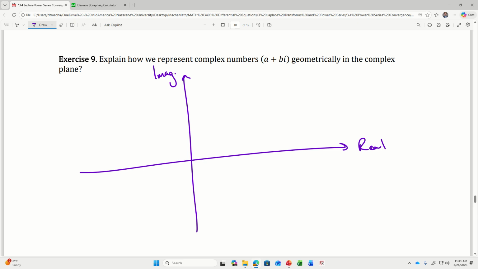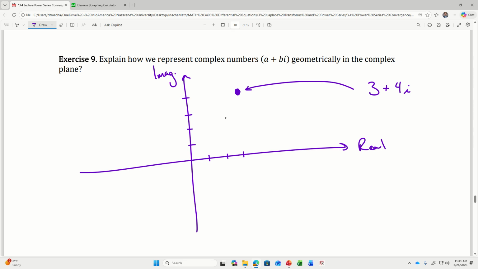If I've got a complex number like 3 plus 4i, that would be 3 units in the real direction and 4 units in the imaginary direction. And I can put a spot on the plane, and this point represents the number 3 plus 4i, right?